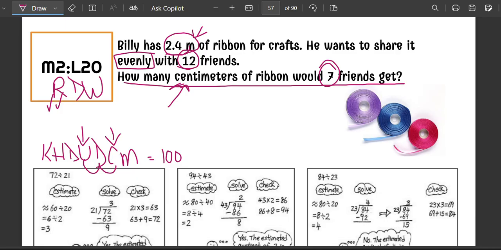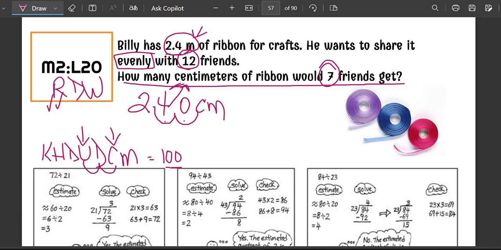Actually, let's go ahead and do that. 2.4 meters into centimeters. So I'm going to say 1 jump, 2 jumps. 2 zeros, 2 jumps. And then here goes a 0. And that is centimeters.